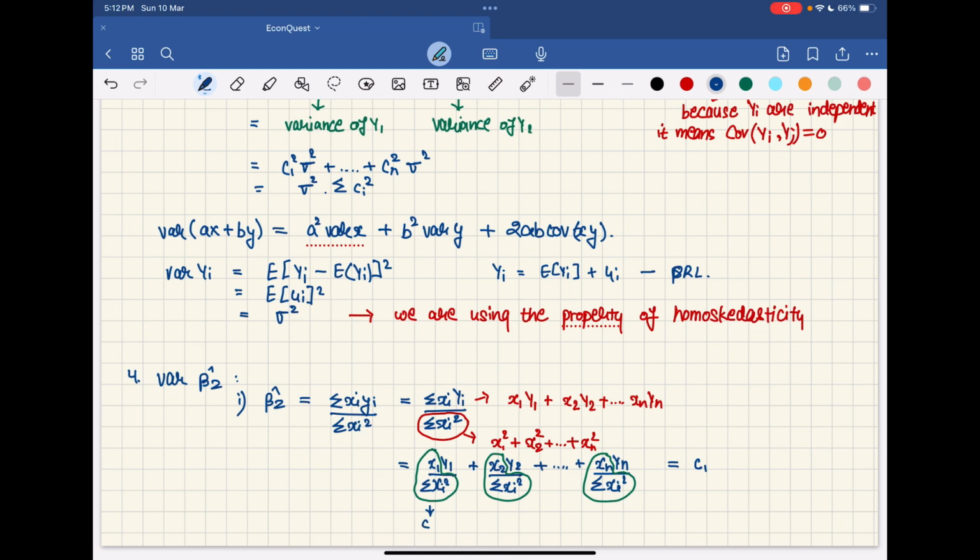Like I'm assuming this is my C1, this is my C2, this is my Cn, right? So this thing becomes equal to summation of Ci yi, where Ci is equal to xi upon sigma xi square.